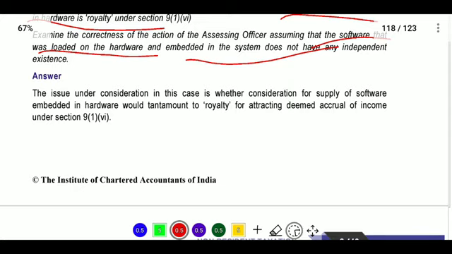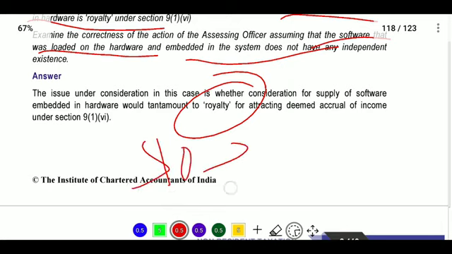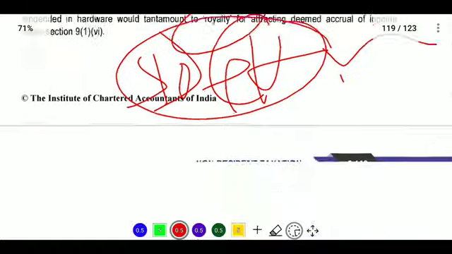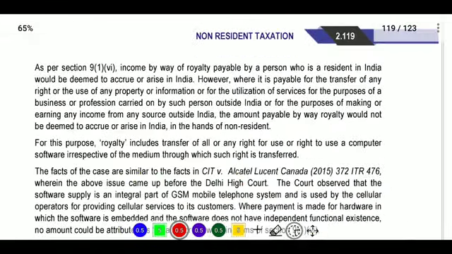The issue under consideration in this case is whether consideration for supply of software embedded in hardware would tantamount to royalty attracting deemed accrual. So for royalty to be deemed accrual, where software is embedded with hardware, for this consideration it is not a royalty. Only the service will be treated as royalty income.